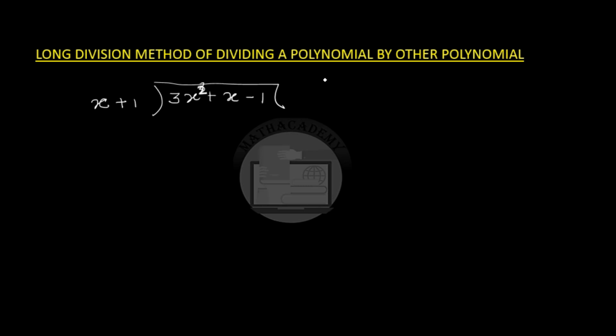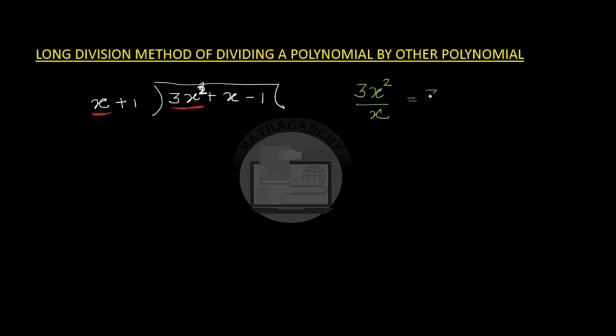Now take the first term of the dividend. The first term of our dividend is 3x square and the first term of the divisor is x. The first step is to divide 3x square, the first term of the dividend, by x, the first term of the divisor.